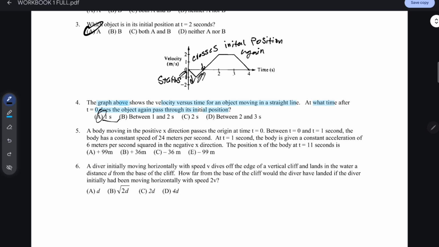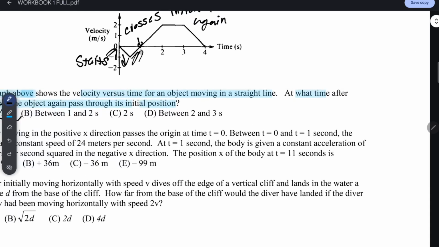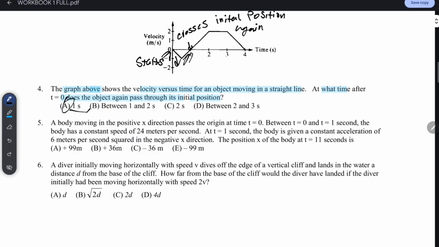So on this one, number 5, we know that we could say our initial velocity is 24 meters per second. So initial velocity would be equal to 24 meters per second.